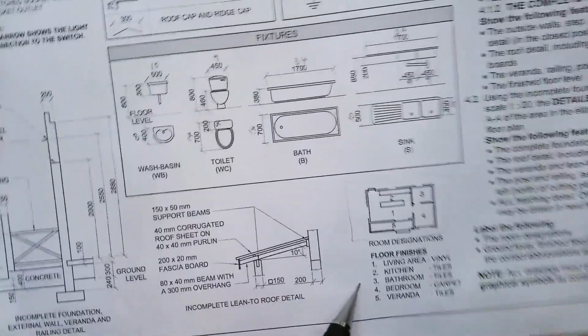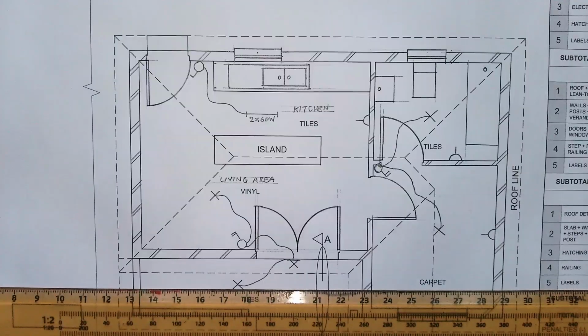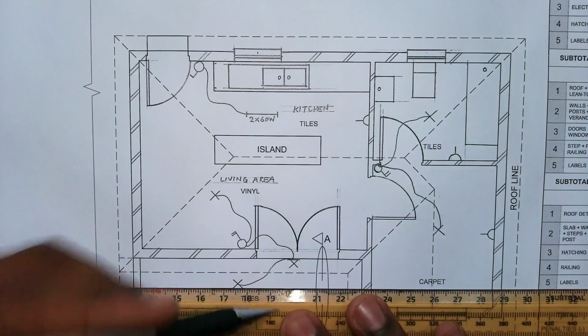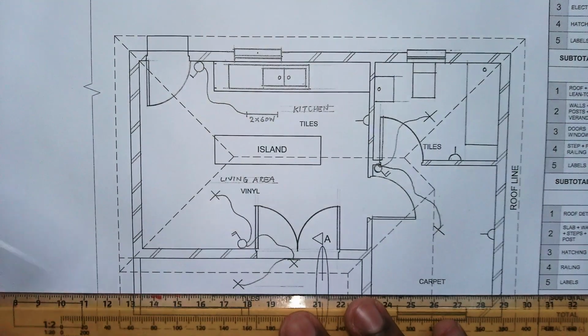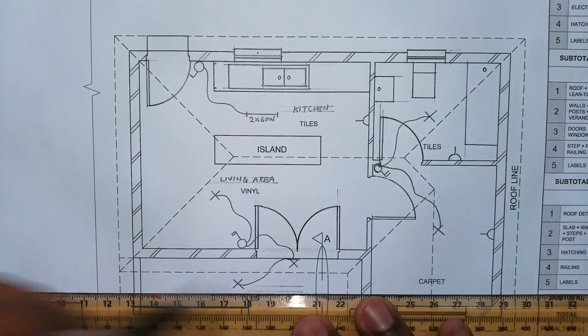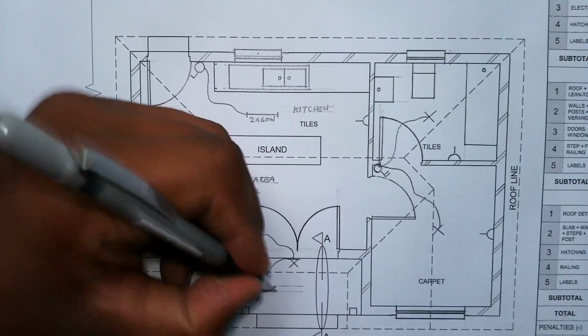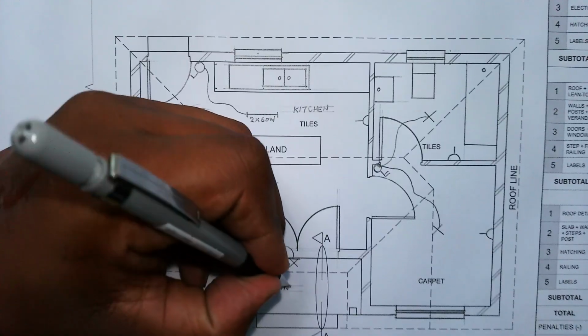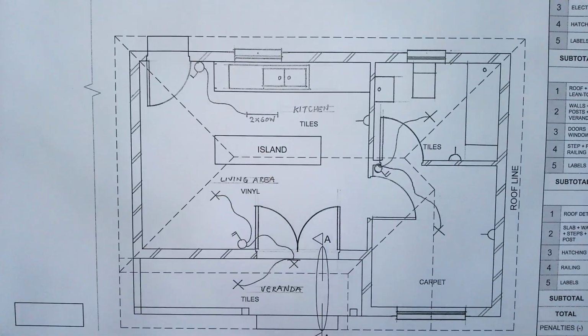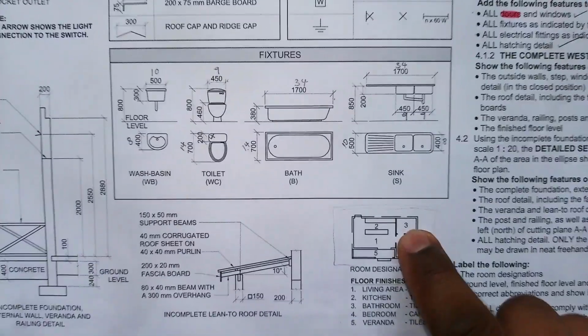Okay, and then we have number 5, which is the veranda. So the veranda is here outside, so I'll just add it there, veranda. Okay, number 3, it's the bathroom.